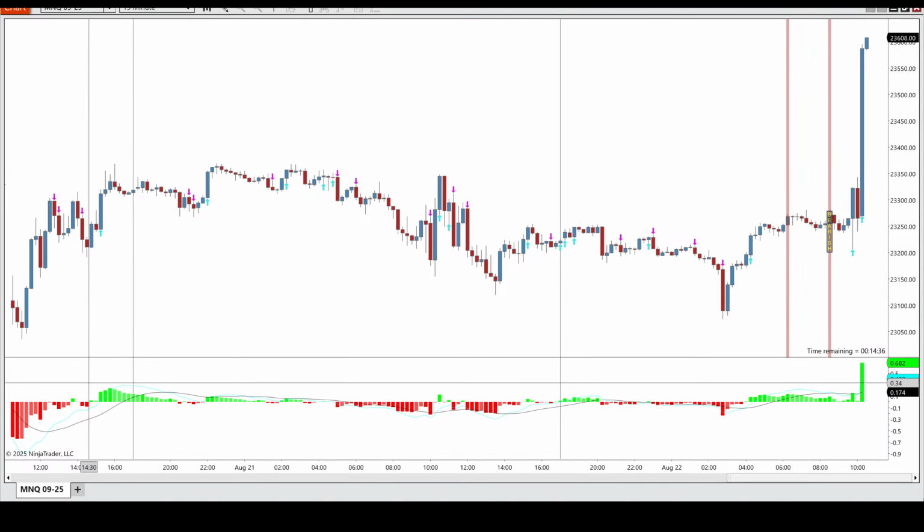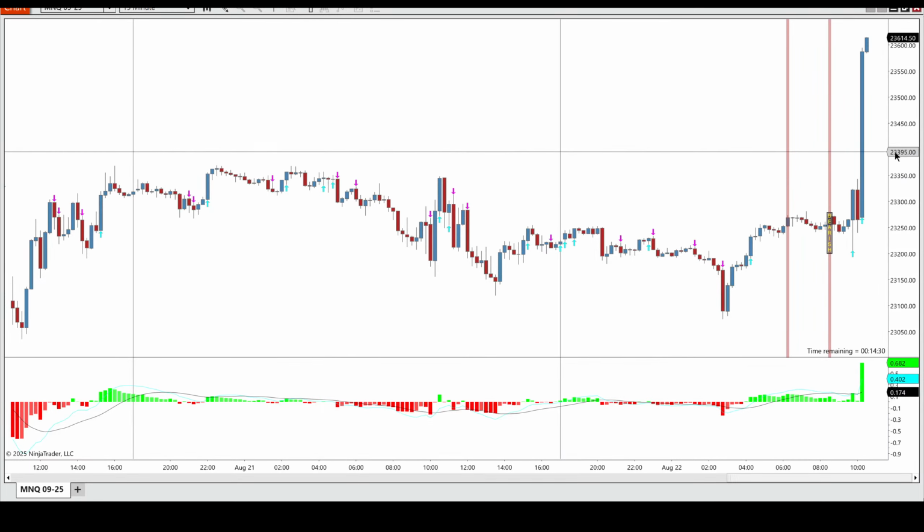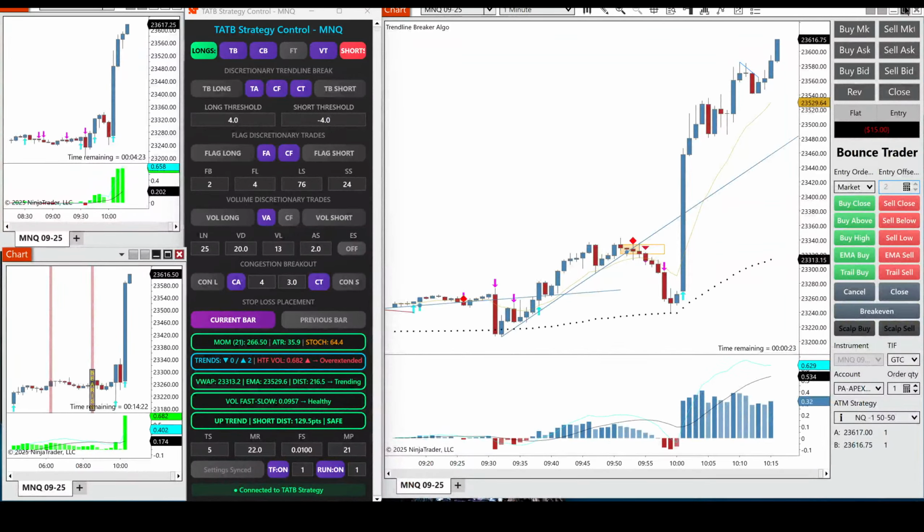Usually we have 0.2, and that's what I marked in the strategy. Whatever is beyond 0.2 is considered overextended. But it's not that you don't want to take a trade. It's just letting you know we're overextended.